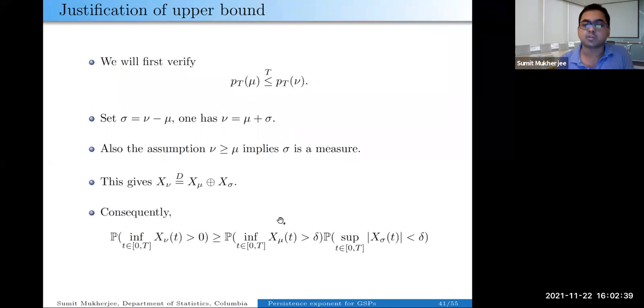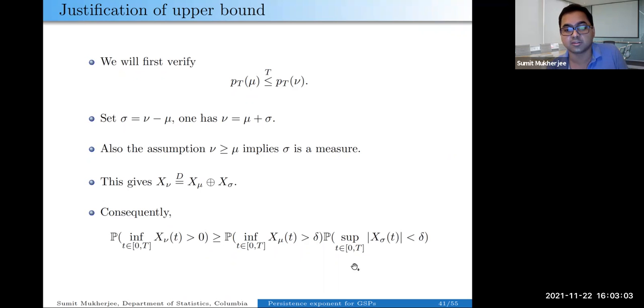Once I have this decomposition, the right hand side here is the left hand side here. If I want this to persist, then it's enough for the mu process to persist, and the supposedly small process to be smaller than delta. If I have these two, then this will happen. Now I just need to estimate these two quantities.